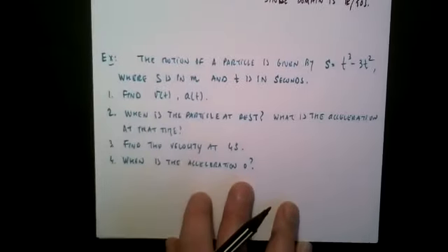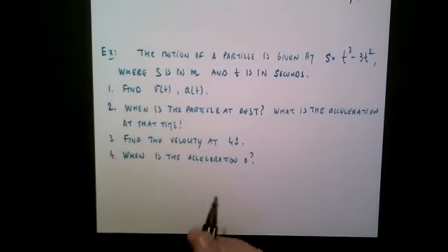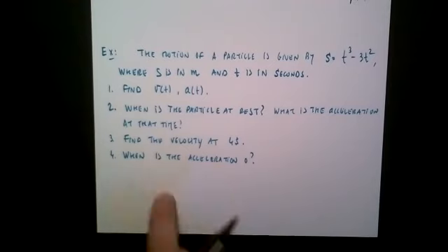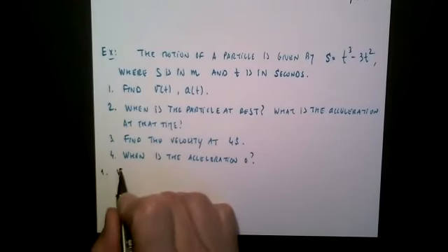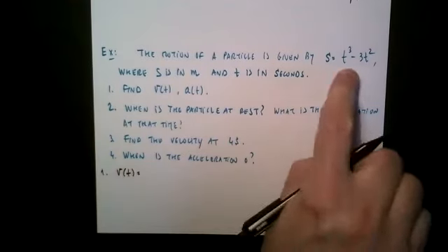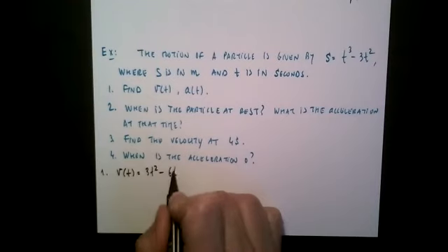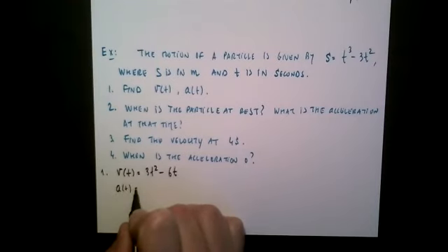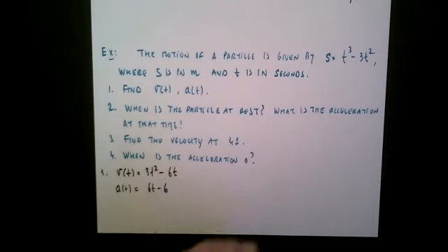Second question. Okay, so this I think is pretty straightforward. I want to try to fit everything in here. So number 1, v of t is just the derivative, so 3t^2 minus 6t, and a of t will be the derivative of that, which is 6t minus 6.